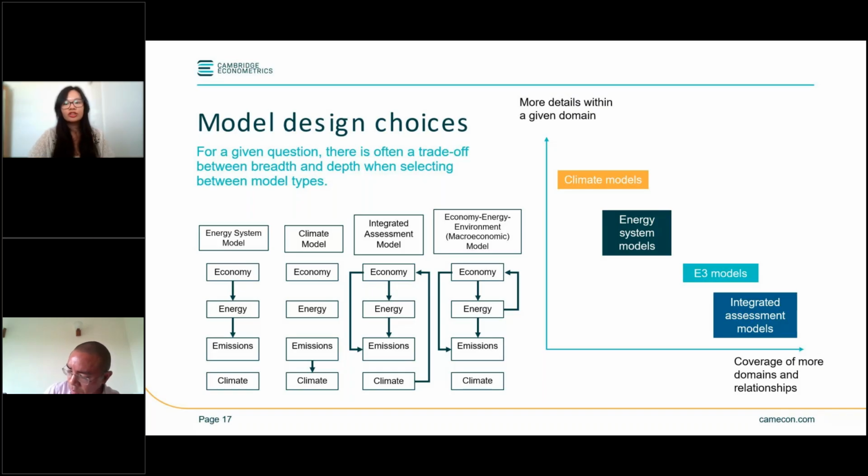And importantly, all of these model types are often used to explore possible futures, and they are not forecasting tools. So a good modeling analysis often starts with something quite fundamental, which is to pick the right model for the right question and understanding how that model selection affects the results that may come out later on.